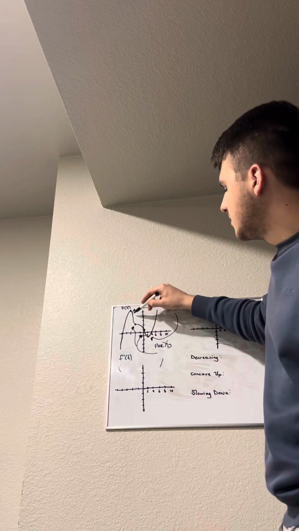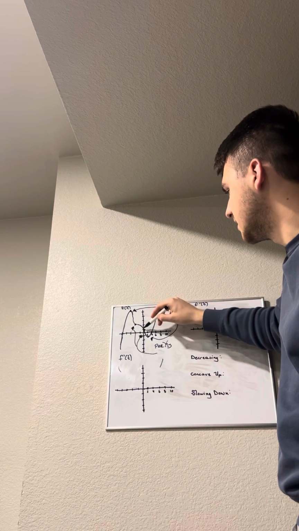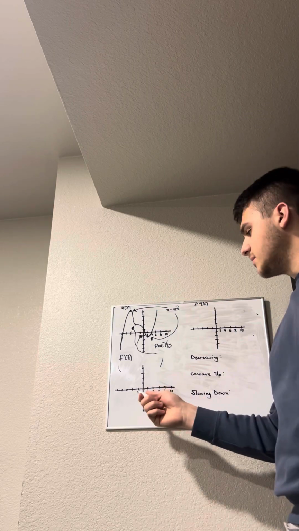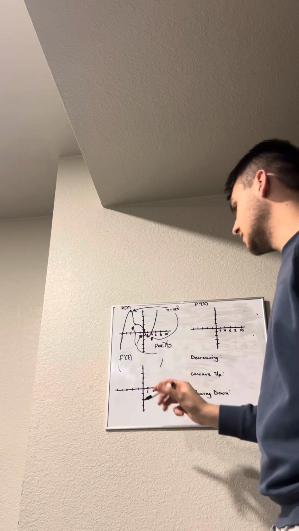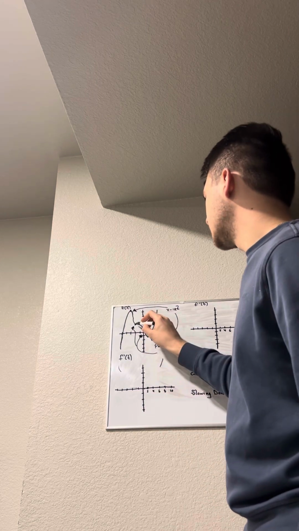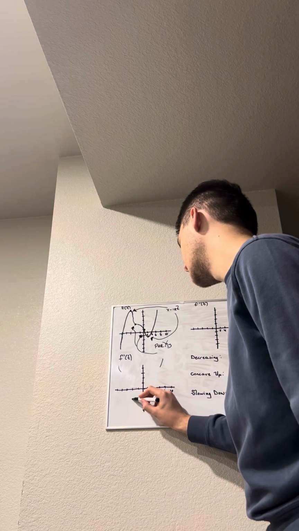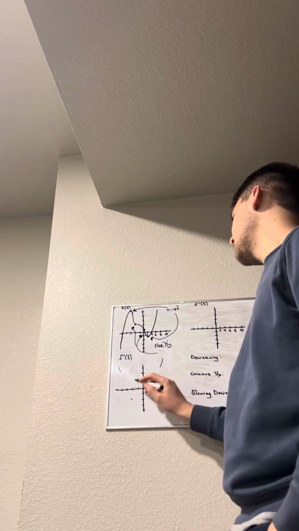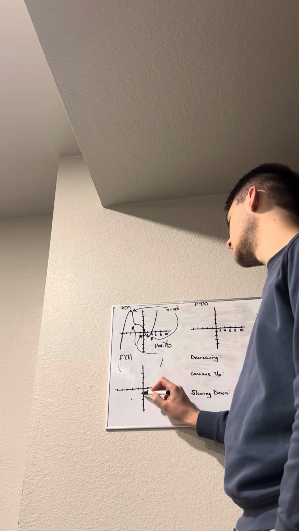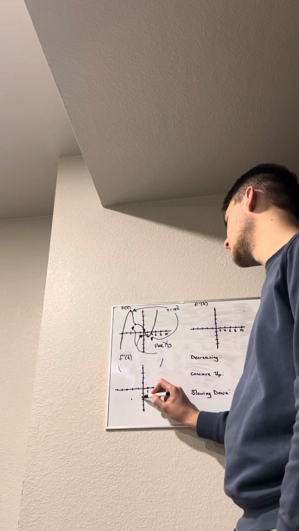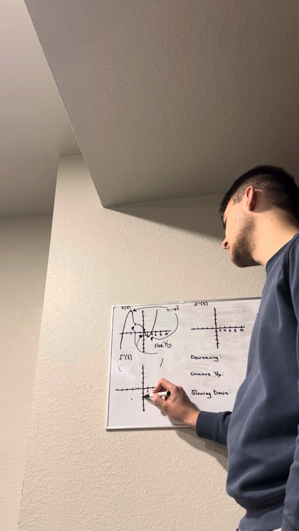Given that both changes of slope are negative, they're both going to be in the negative quadrants because the rate of change is negative. So we have a peak at around 2, which is going to be right here, and a peak at around 0, around here, give or take.